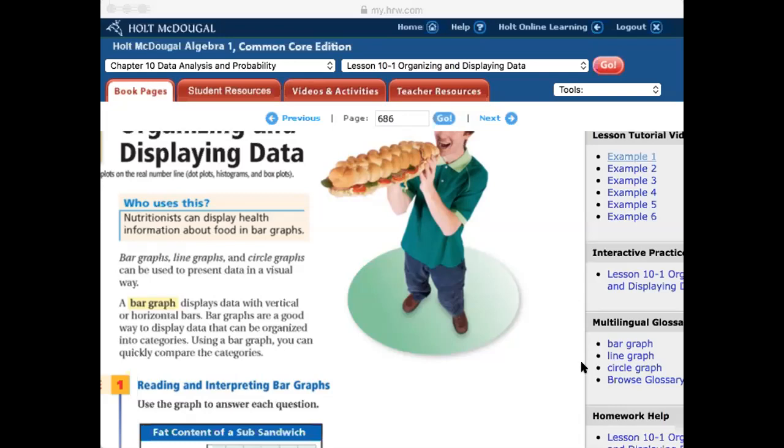B. How many more? As we learned since grade 1, when I find how many more, it means I'm going to subtract 2 numbers from each other. So how many more grams of fat are in ham than in turkey? In ham than in turkey. So what is ham? Ham is here.